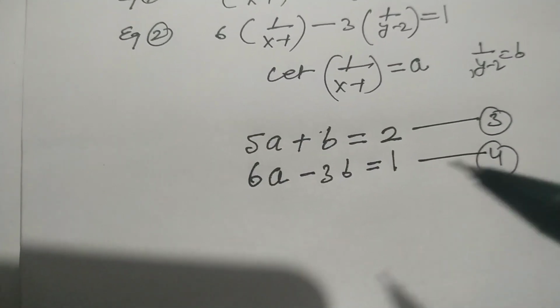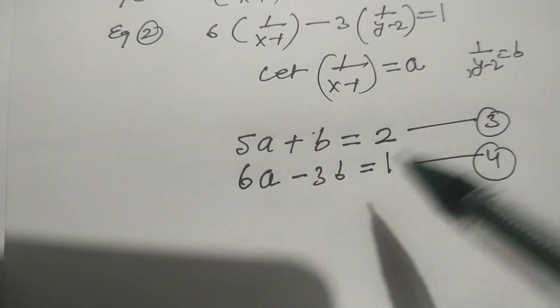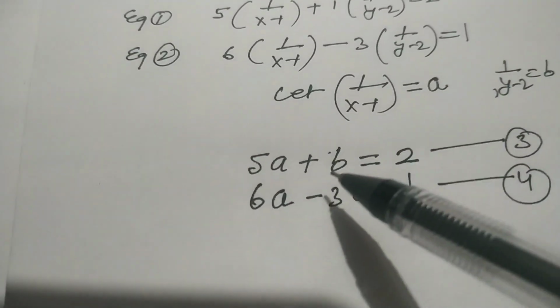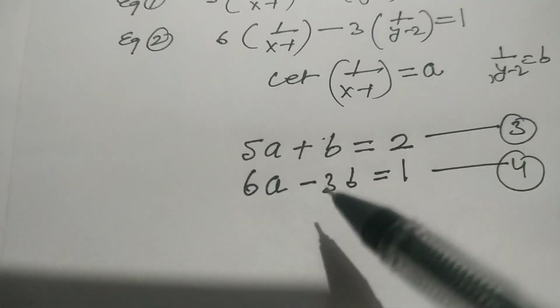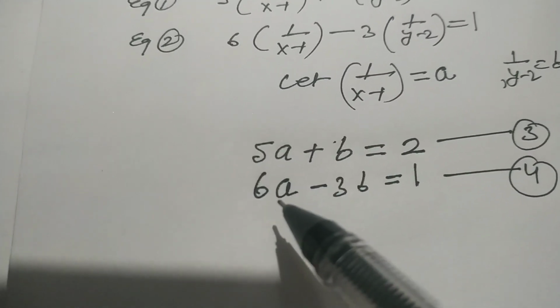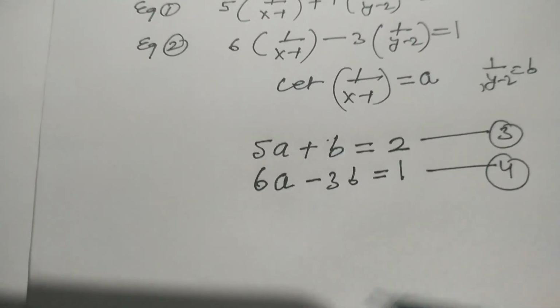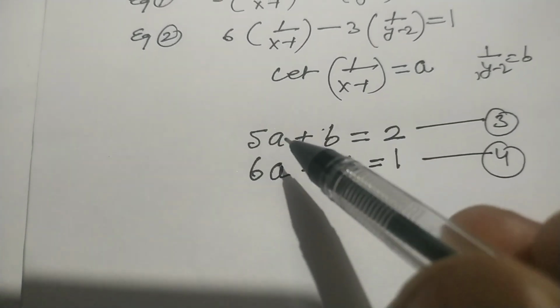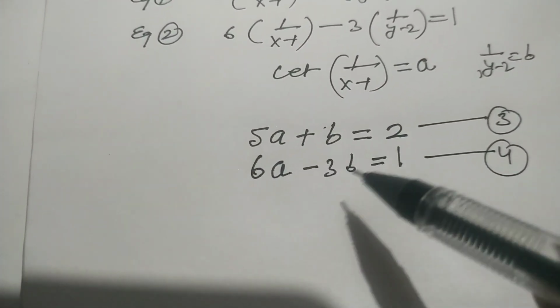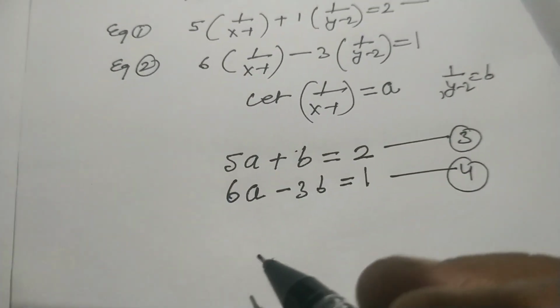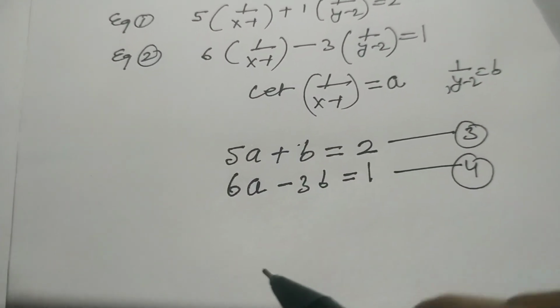Now a and b are the variables for us. In equation 3, the coefficient of a is 5, the coefficient of b is 1, and the constant term is 2. And in equation 4, the coefficients are 6 and minus 3. Whether you eliminate a or eliminate b, or use the substitution or cross multiplication method, use whichever you are comfortable with. Let's do it by the elimination method.